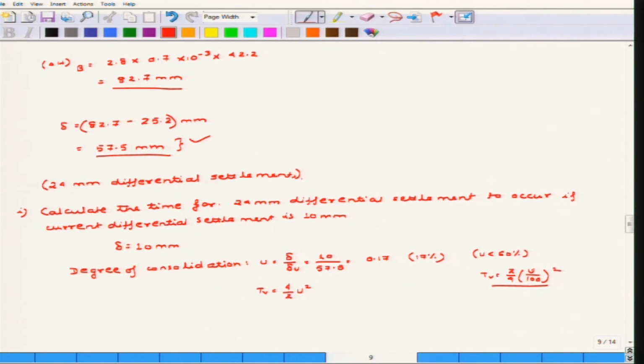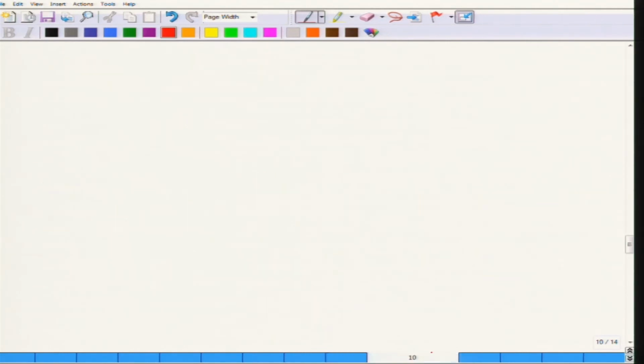So if you just rearrange the numerators and denominators, you will come across Tv is equal to 4 by pi into (U by 100) squared. So this is equivalent to 4 by pi into 0.17 squared, because 17% is the differential settlement, so 0.037. So your Tv comes out to be 0.037.